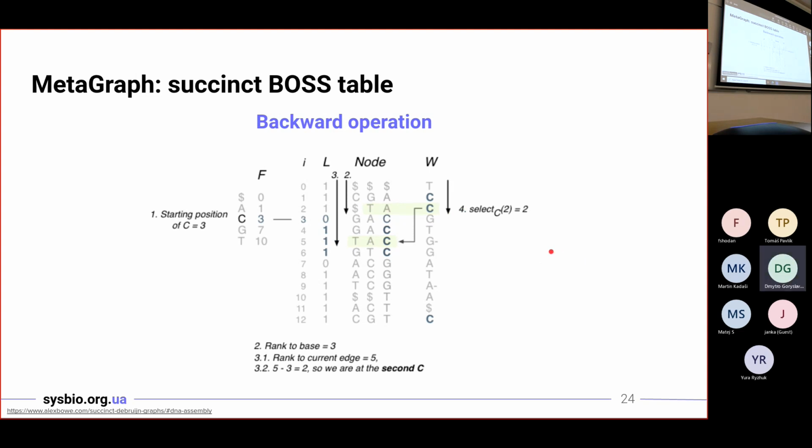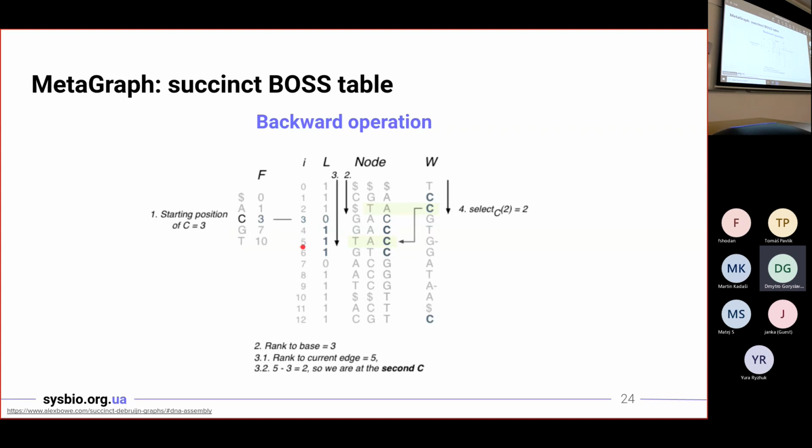Similarly, the backward operation is done, but in a different order. If you'd like to get the direct predecessor of this node right here at position 5, the first step now is to find the starting position of the C in F. We know that the last symbol of this node is C because this can be derived from the F array.